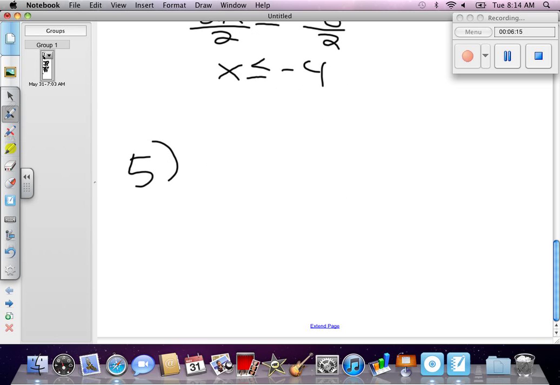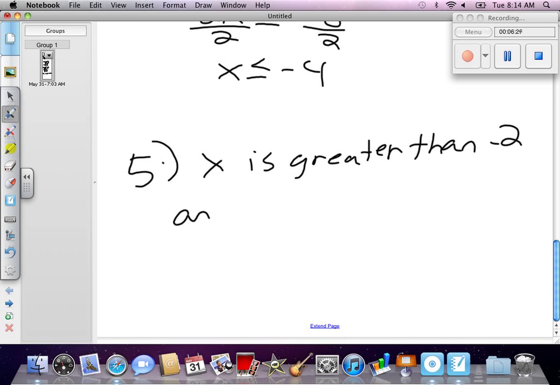All right, for number 5, we have x is greater than negative 2 and less than 1. So let's think about how that might be written.